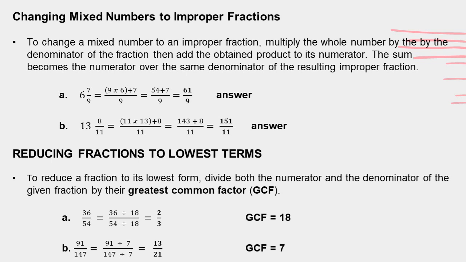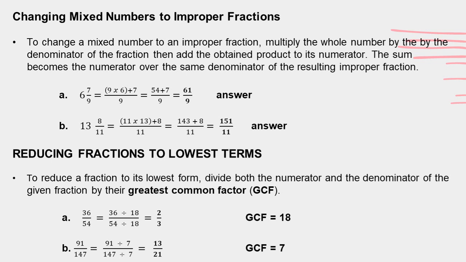Okay, for example, letter B. Given po natin ay 91 over 147. So, ang denominator natin ay 147. So, lowest ng 147 ay 7.